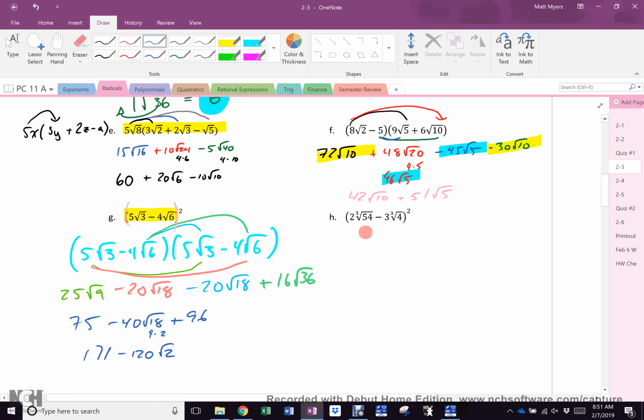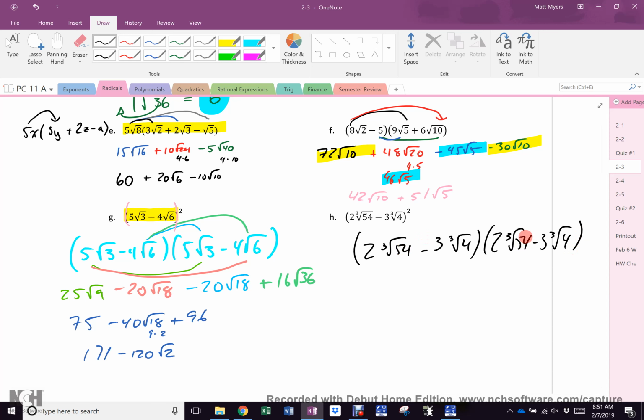No, because that is 2 cube root 54 minus 3 cube root 4 times 2 cube root 54 minus 3 cube root 4. Now, what I would recommend here, how many of you want to do 54 times 54 and then find its cube root? Not me. So what should we do?